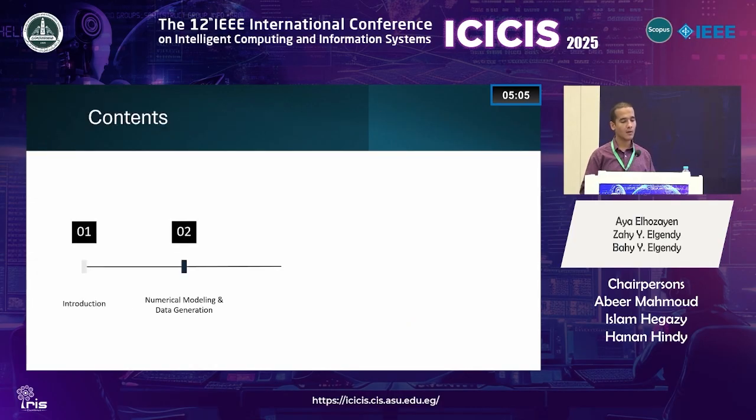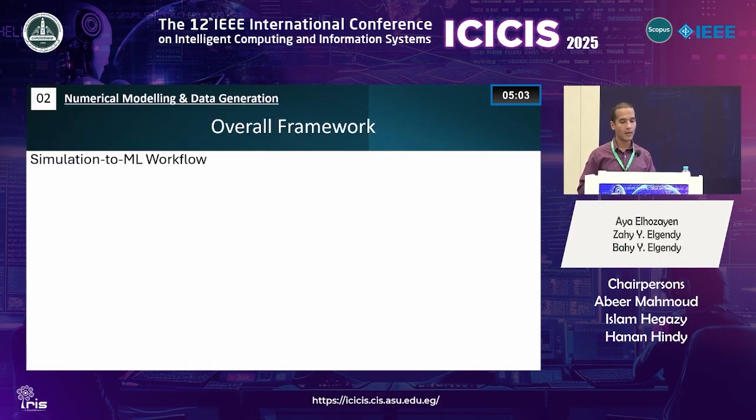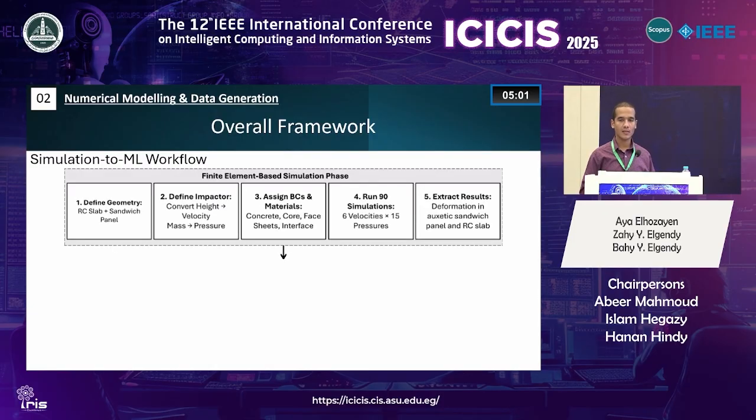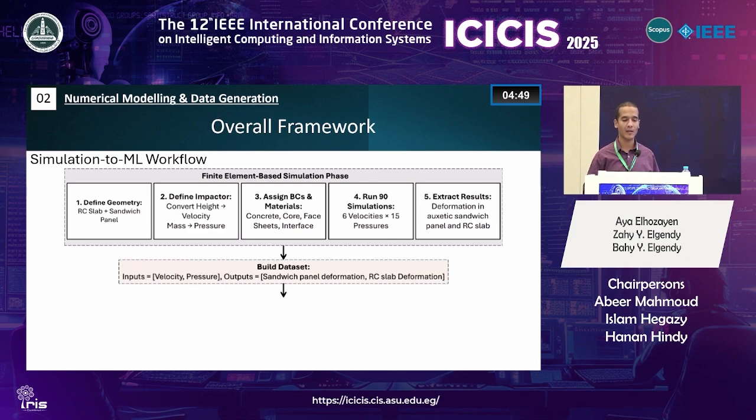Going through the overall framework, we can see here the steps we have taken in the ANSYS program in order to come out with the outputs and the deformation. We were able to draw and define the geometry of both the RC slab as well as the sandwich panel and assign all the parameters such as the height at which the impactor falls and the mass of the impactor.